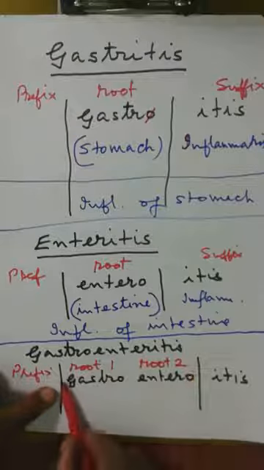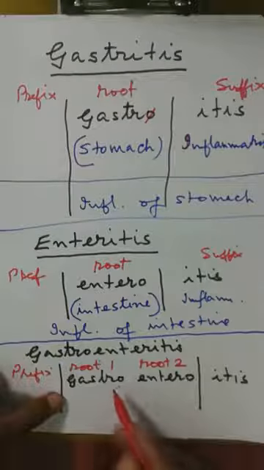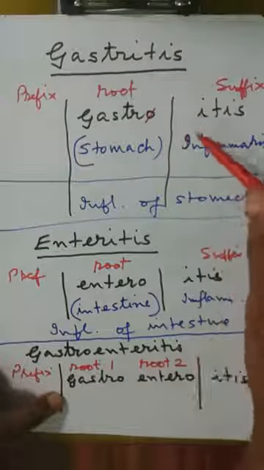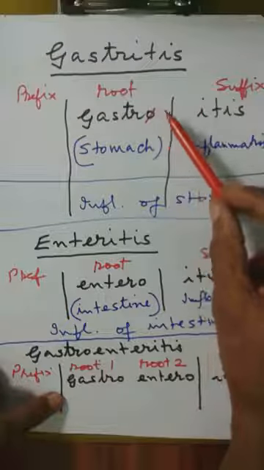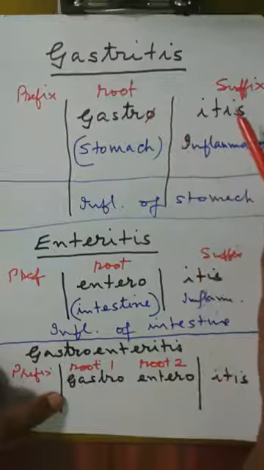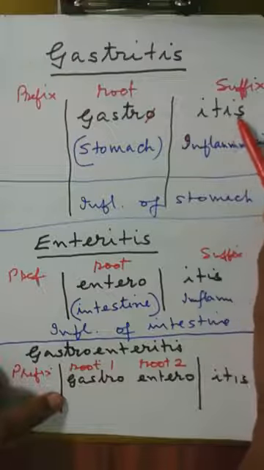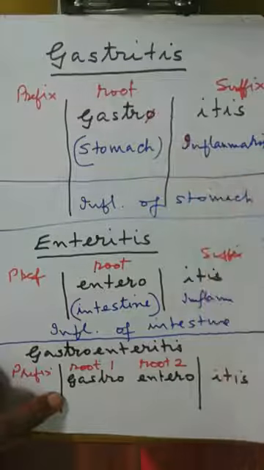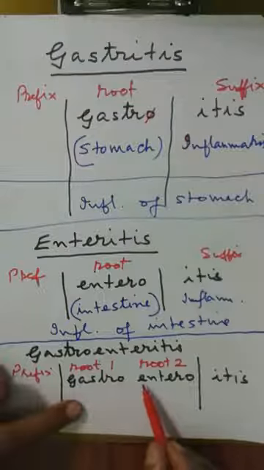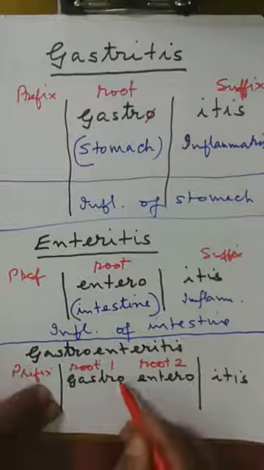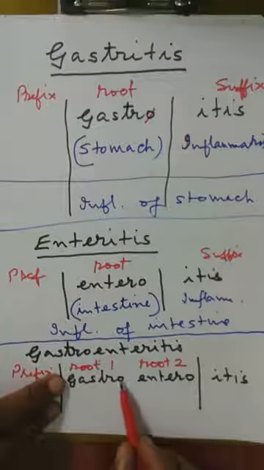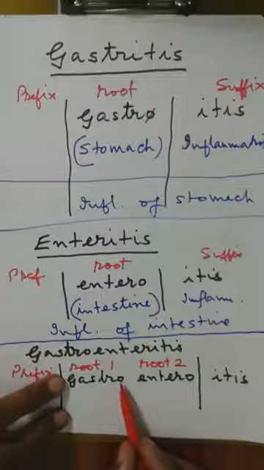It will be a single word. This O will remain here because that rule is applicable only when a root joins with a suffix. At that time, O will be cancelled. Here, O is a vowel. Entero, this E is also a vowel. O will not be cancelled here because two roots are joining together. In that case, the combining vowel will remain there.